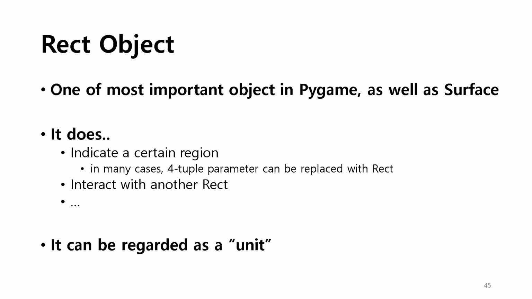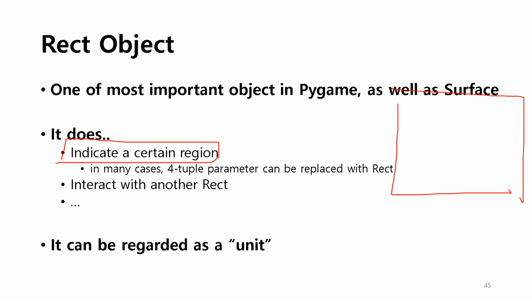We have almost done, and we will learn about one of the most important objects in Pygame, Rect. Rect is a rectangle, so it has x, y position and width and height basically. This is important because it can indicate a certain region. With a Rect, we can use some region like this.